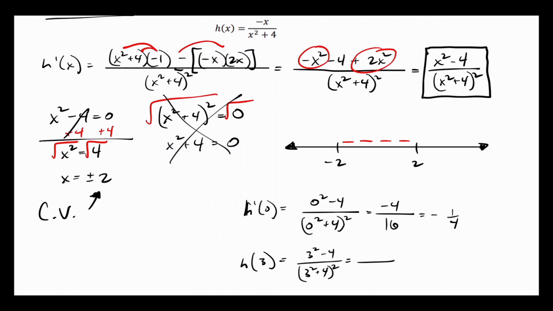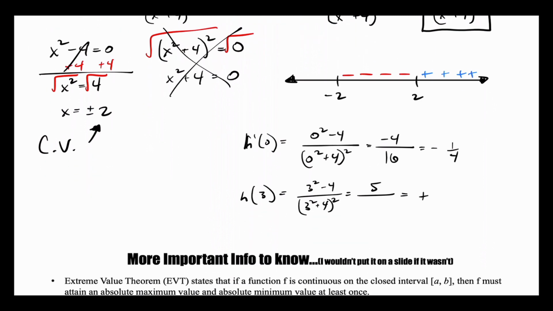I'm always going to get a positive on the bottom. Top, I'm going to get a positive. I don't even know what it is, but it's going to be positive. Number less than negative 2. Again, you're going to get a positive number.